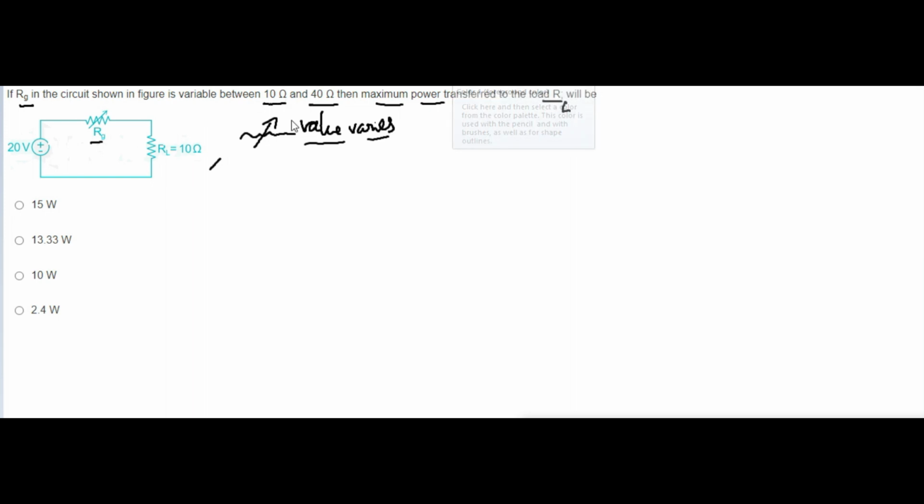Now I have to share some theorem with you. The first one is the maximum power transfer theorem. What does the maximum power transfer theorem say?